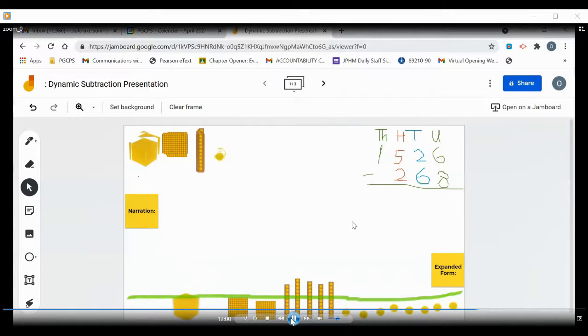Now my answer, after I minus 268 from 1,526, my answer or my difference is 1,258. And I'm going to get my pen to write my answer first in standard form.